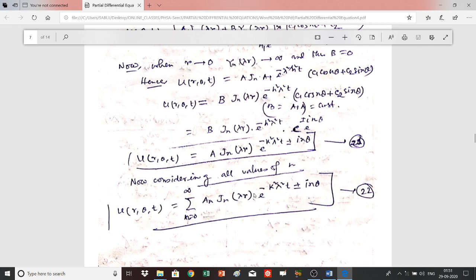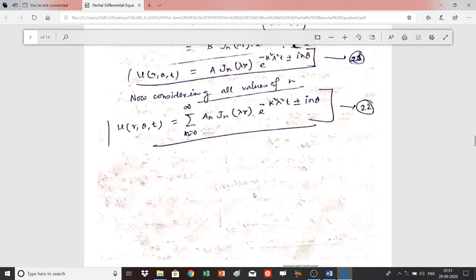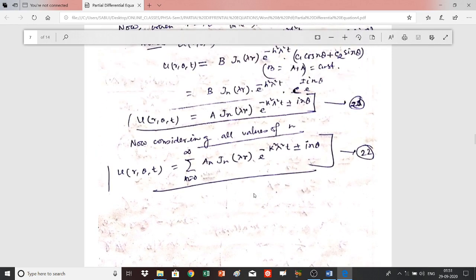So this is the complete solution of the heat conduction equation, the two-dimensional heat conduction equation for polar coordinates. Okay, this is the complete solution. So we have actually solved the heat conduction equation up to two-dimensional polar coordinates.